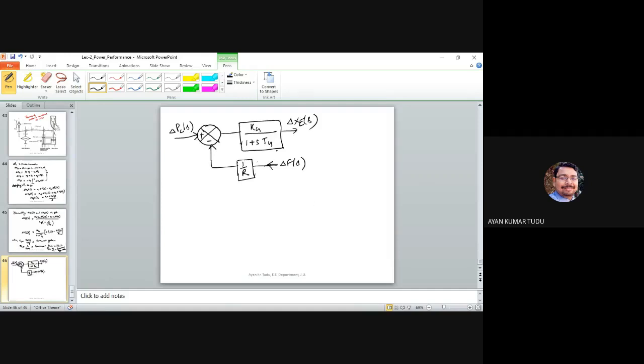So this Kg by 1 plus sTg is the governor transfer function.